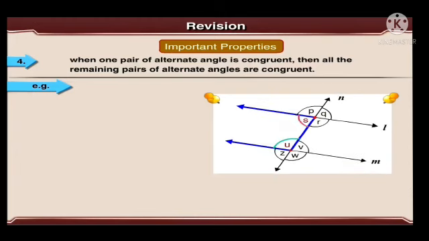Line L and line M are parallel. Now they are said to be line L parallel to line M.